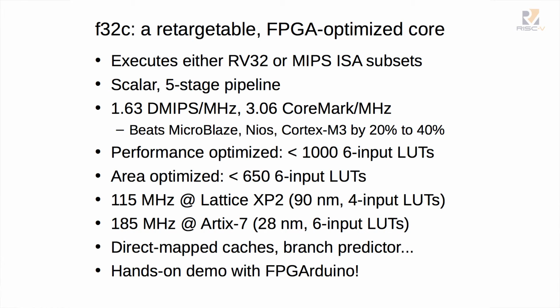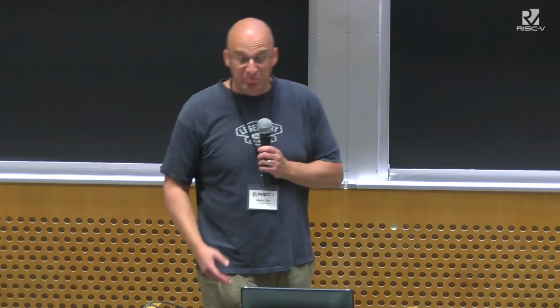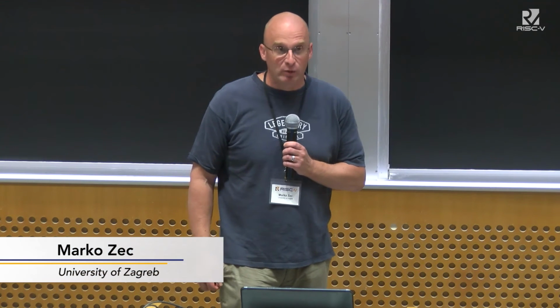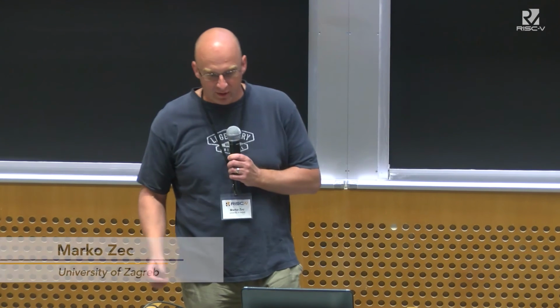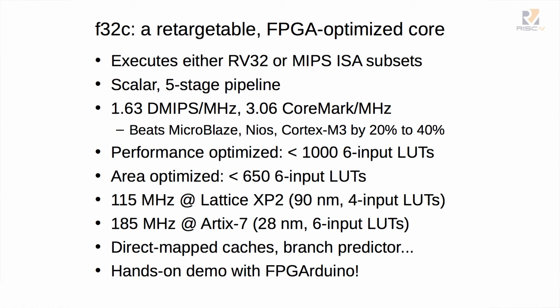All right, just quickly, I'm Marko Zec from University of Zagreb, and I'll do a poster about the homegrown FPGA optimized core, which apparently does quite well in synthetic tests, beats Microblaze, Nios, and Cortex by a healthy margin. And an interesting thing is that the pipeline can be retargeted to execute RISC-V.